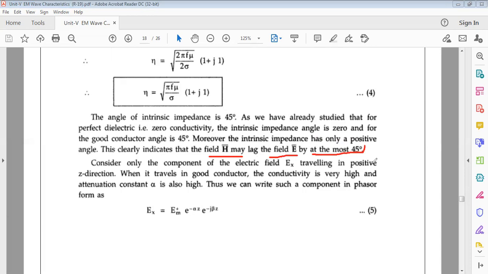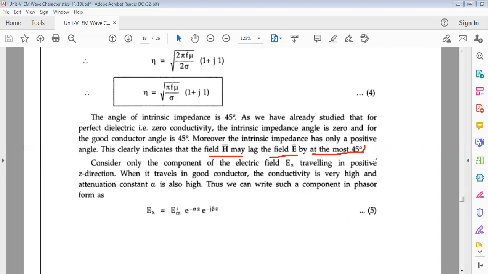So consider only the component of electric field Ex traveling in the positive z direction. When it travels in a good conductor, the conductivity is very high and the attenuation constant is also high.